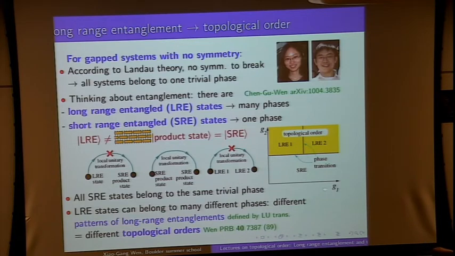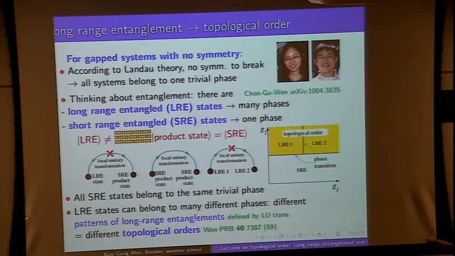But the states which do not connect to product states may belong to different phases, meaning they themselves are not connected by local unitary. These different phases we call patterns of long-range entanglement. So that's basically the definition of long-range entanglement.